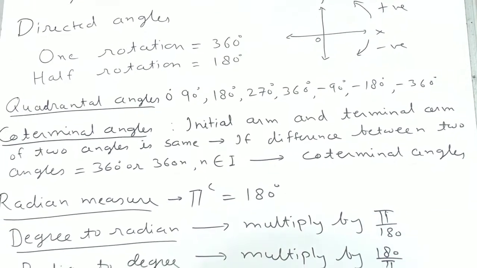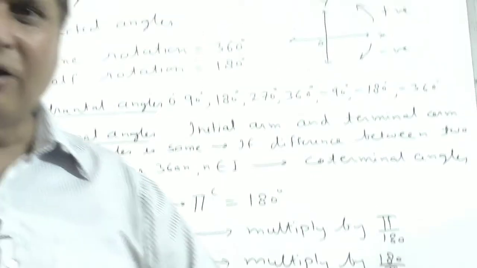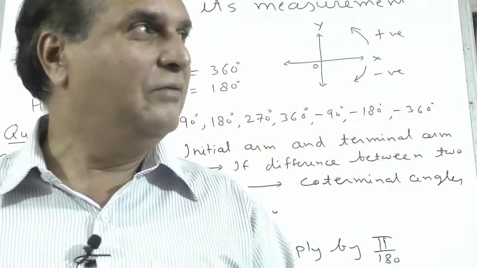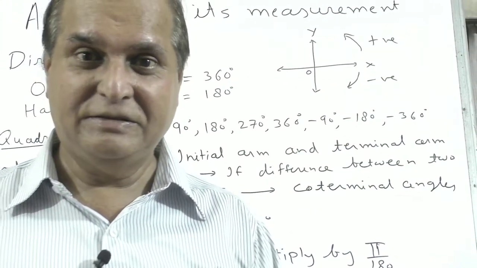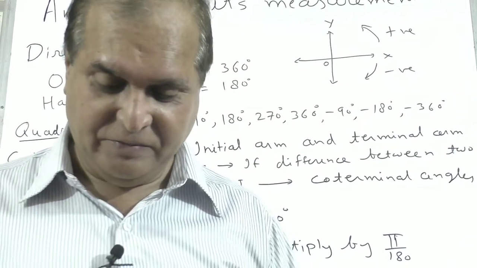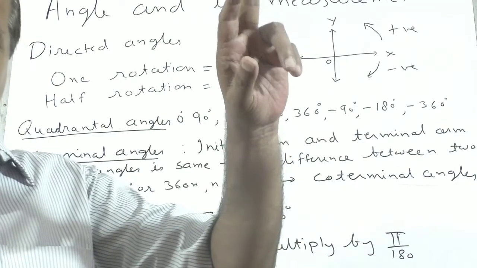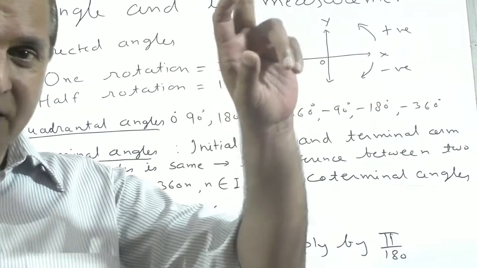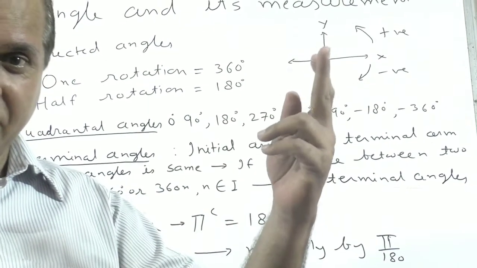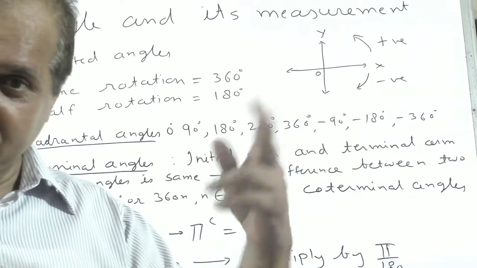See, a clock, you understand a clock, not a digital clock, with a minute hand and an hour hand. Every hour hand or minute hand completes 360 degree for one rotation.